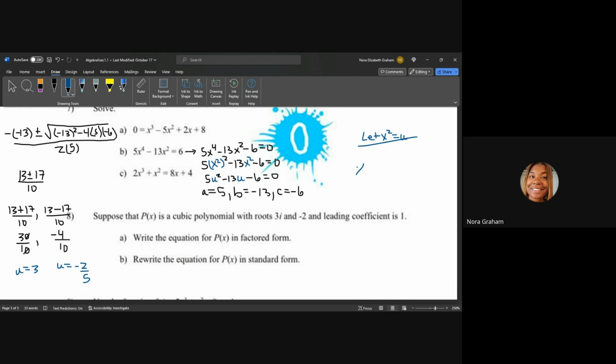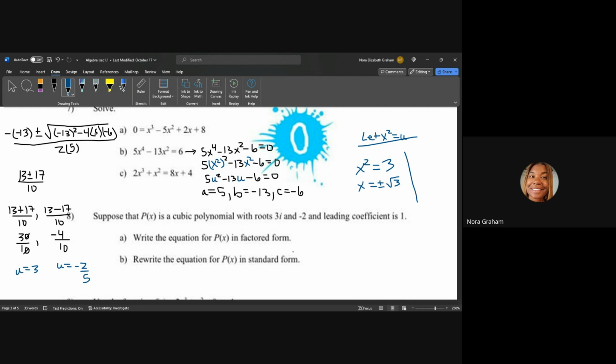So I have x squared equals 3. I square root both sides. When I square root both sides, I have a plus or minus. So I have plus or minus root 3. And I do the same thing with my other u.